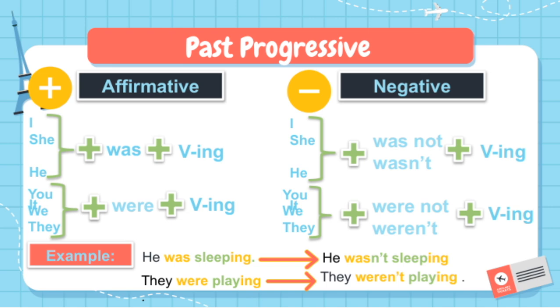The main takeaway is that in the past progressive tense, we use was for singular subjects like I, he, she, it, and were for plural subjects like you, we, they. For negatives, we add not after was or were, forming was not or weren't. And of course, the main verb takes the ing ending in all cases. This tense helps us describe ongoing actions in the past, providing context and clarity in storytelling and conversations.